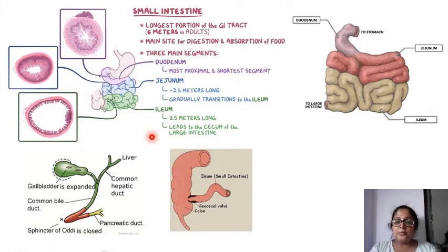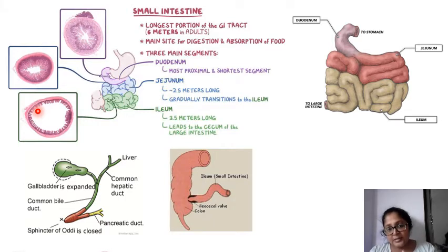Now the jejunum is about 2.5 meters long, in between the duodenum and the ileum, the first and last parts. Here we have shown the microscopic view of each section. Jejunum means empty, as it is mostly empty at the time of death.